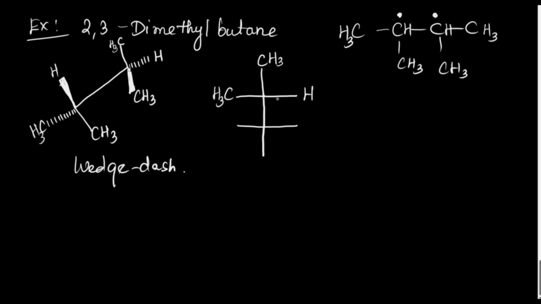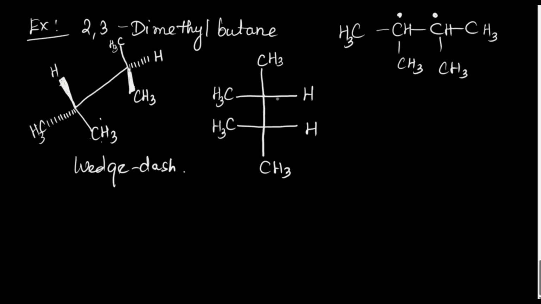So how do we have to write the opposite pair? One CH3 to another CH3 is just opposite. So CH3 on the opposite side, and then to that CH3 I'm having hydrogen and another dashed wedge CH3.